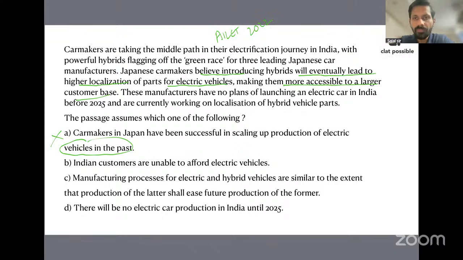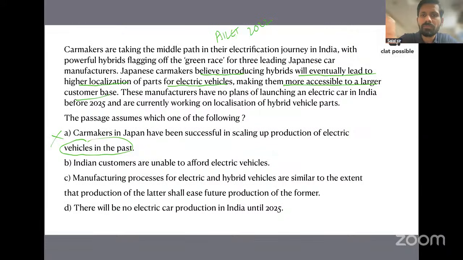B says Indian customers are unable to afford electric vehicles. Okay, that may seem to be true because they are aiming at localization of parts for electric vehicles, but it's not required for the argument to hold. What is the belief? The belief is we'll introduce hybrids, achieve localization of parts for electric vehicles, and thereafter introduce completely electric vehicles, right?